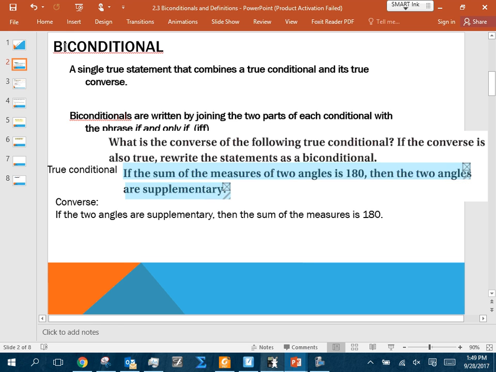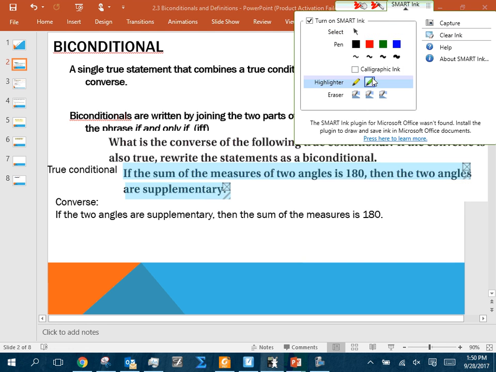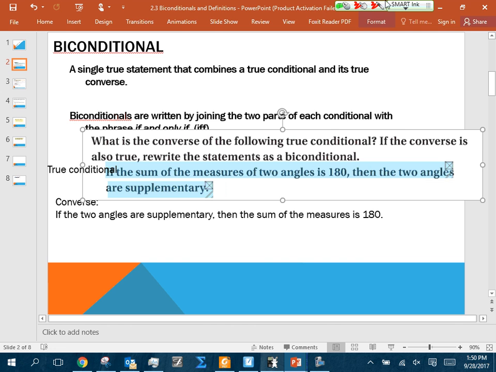All right, so the hope is that the converse that you guys develop, I'm freezing this real quick, should look something like that, right? This is my true conditional statement. The converse is flip-flopping the if and then. Those of you that may still be confused with that, if I were to take that part right there, that part is the hypothesis.